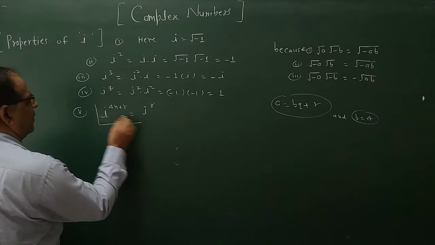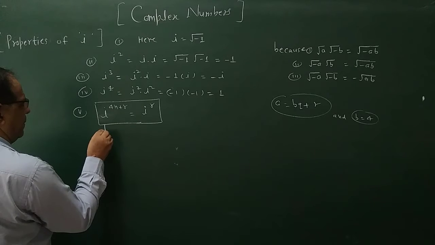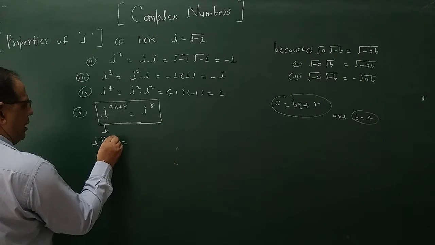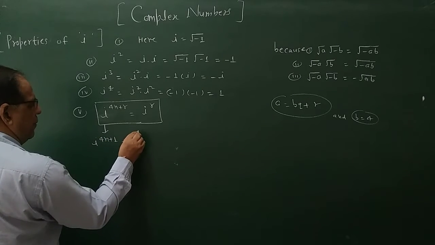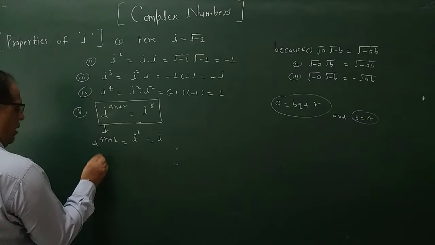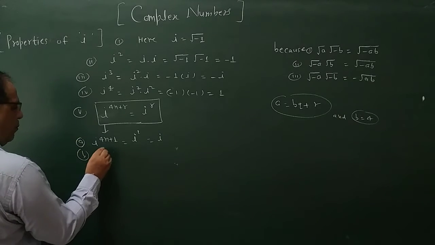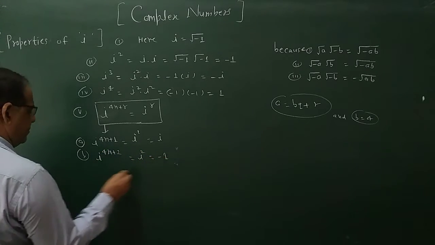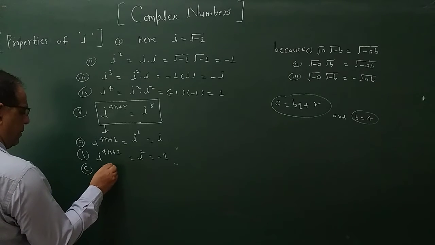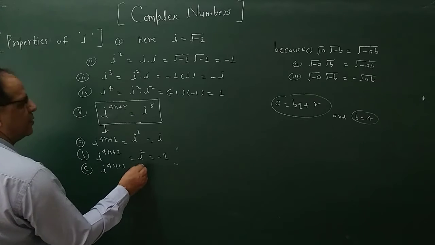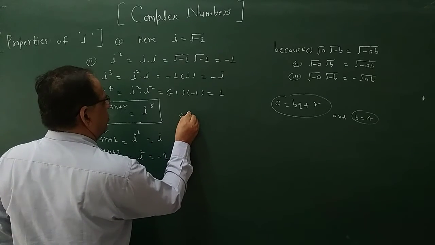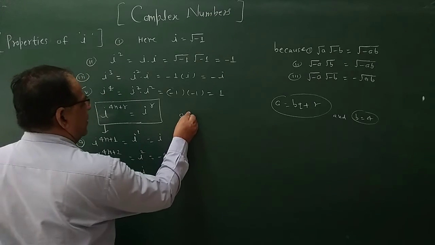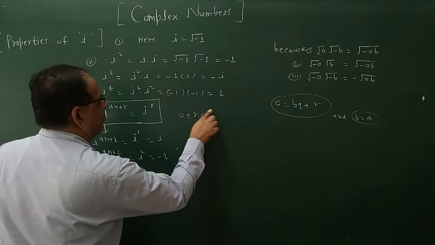According to this, we have iota to the power 4n plus 1 equals iota to the power 1, iota to the power 4n plus 2 equals iota square, that means minus 1, and iota to the power 4n plus 3 equals iota cube, that means minus iota. Here r is 0 less than or equal to r less than 4.